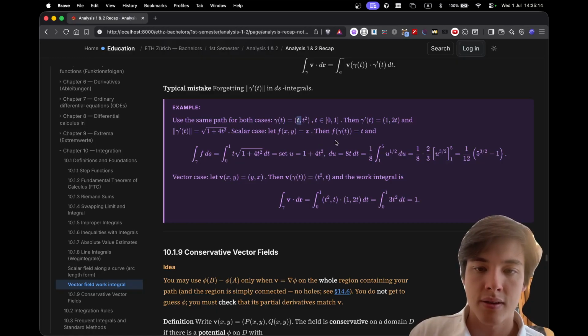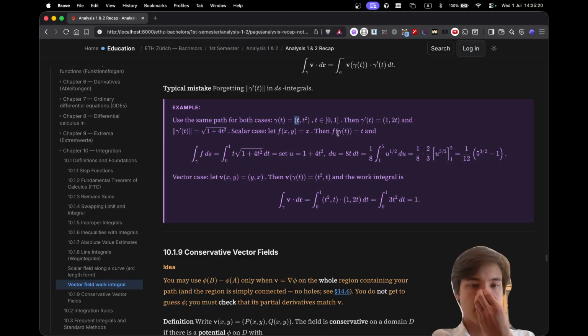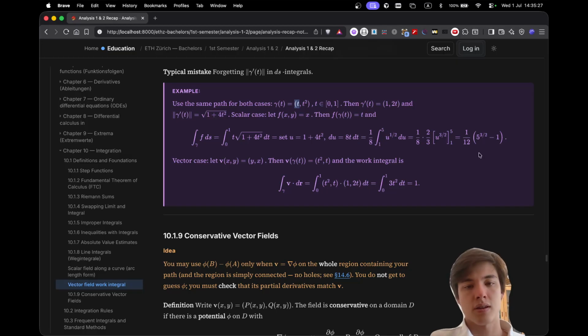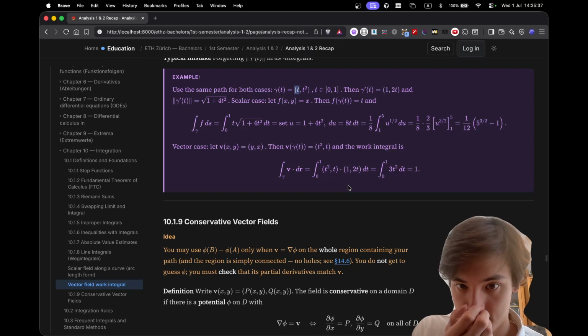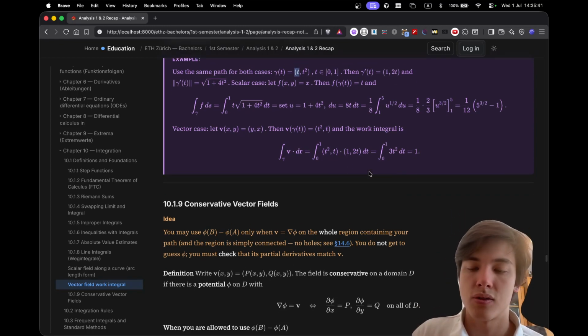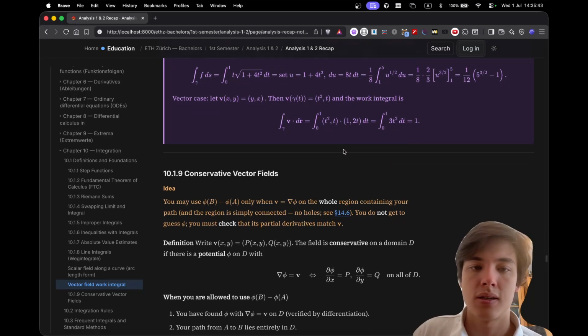Then f of this, if we plug it in, it's t. So it's t times this, and then we can integrate. Not gonna look at it because I did it already too much. And if it's work, then we do it like that. t squared plus 2t squared is 3t squared. Ta-da!